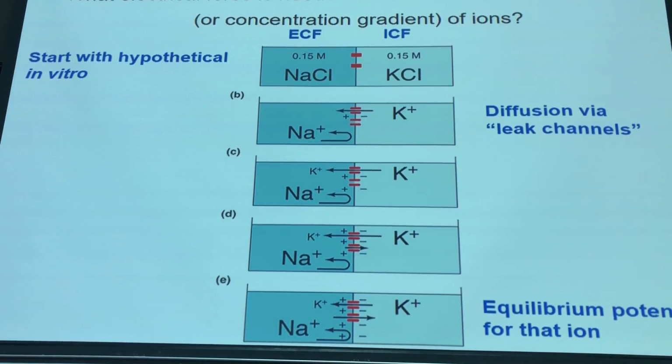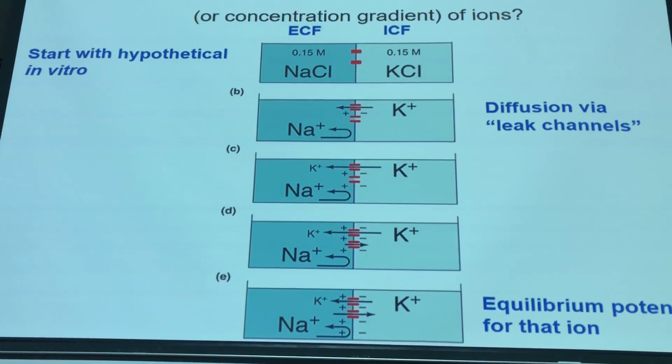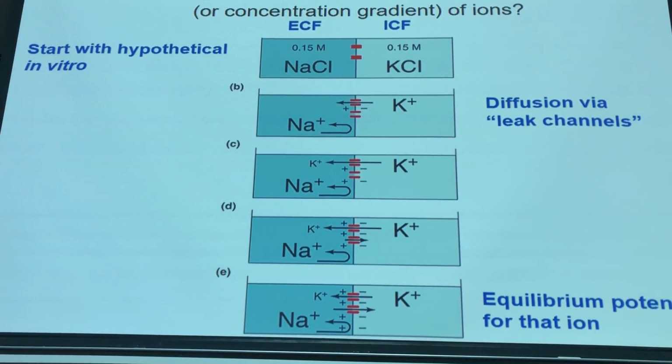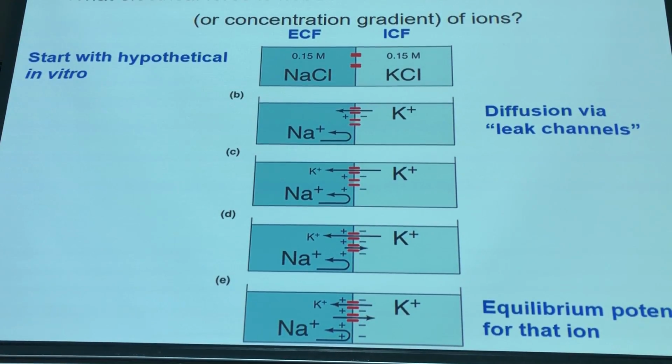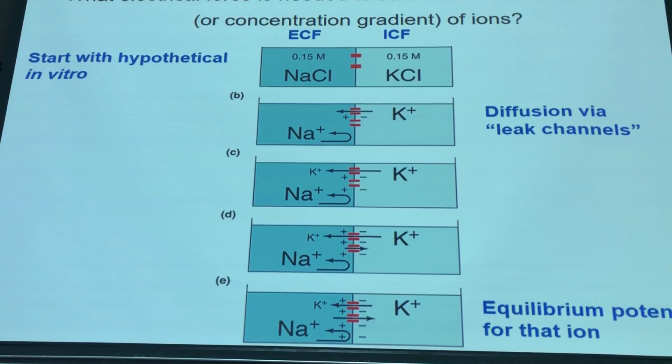So what creates this membrane potential? Well, because there are so many different ions moving around, and there's so much going on, we basically need to start with kind of a hypothetical situation, okay? Just to start understanding and explaining what's going on.